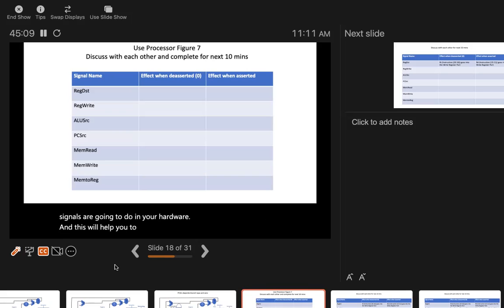You're focusing on RegDst, RegWrite, ALUSrc, PCSrc, MemRead, MemWrite, and MemToReg. You need to find out what the effect is when they are 0 and what the effect is when they are 1.